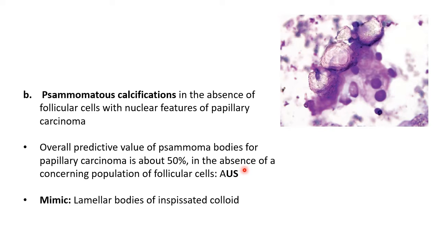So in the absence of a population of follicular cells with nuclear atypia, the category of AUS should be given. And a mimic of psammomatous calcification is the presence of lamellar bodies of inspissated colloid.